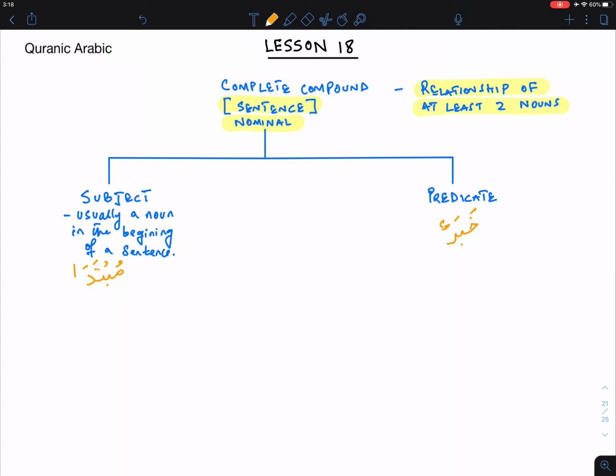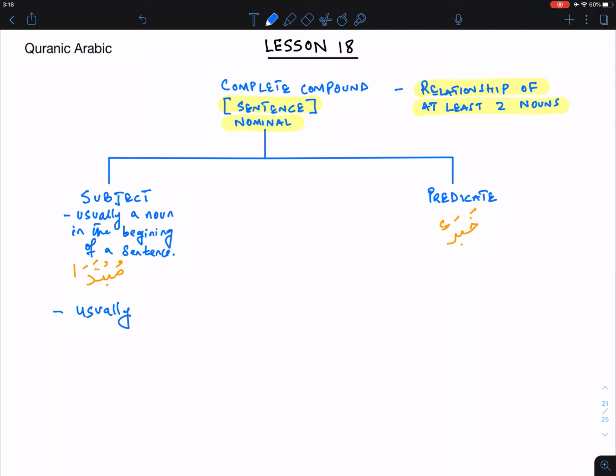So that makes the two words. If you have two nouns coming together, one will make the subject and the other could make the predicate, and you have to identify. So let's talk more about the subject here. Subject usually, how do we identify that? So first, it has to be a noun. Second, it is usually, and you notice how I use the word usually, typically, a lot.